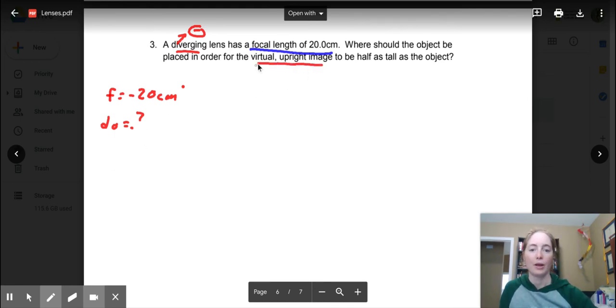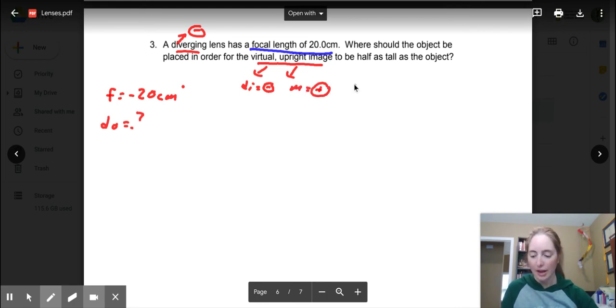Okay, virtual upright image. Virtual means that DI is going to be negative. Upright means that our magnification is going to be positive. Okay, and will be half as tall as the object.